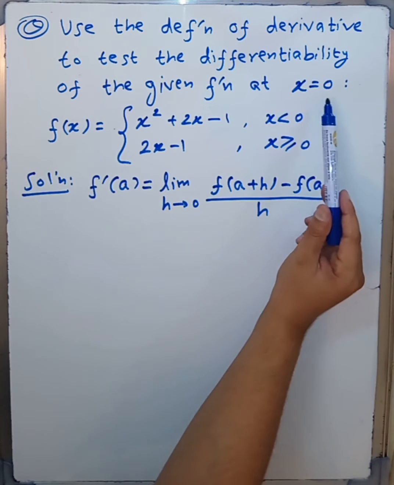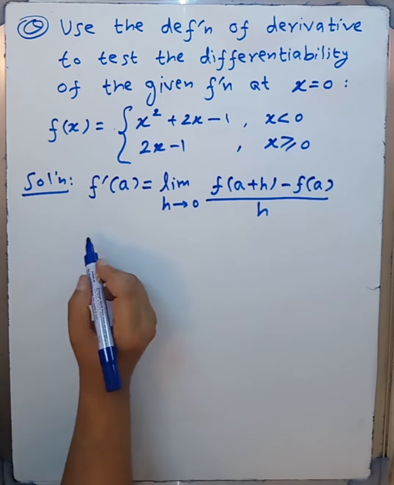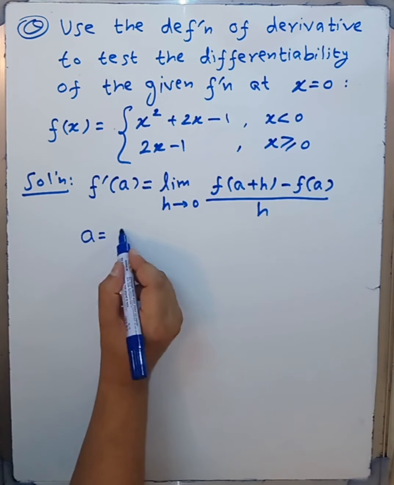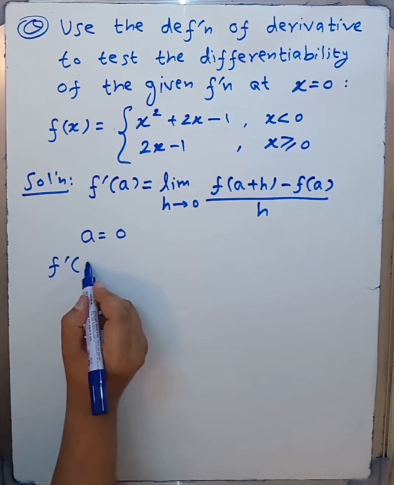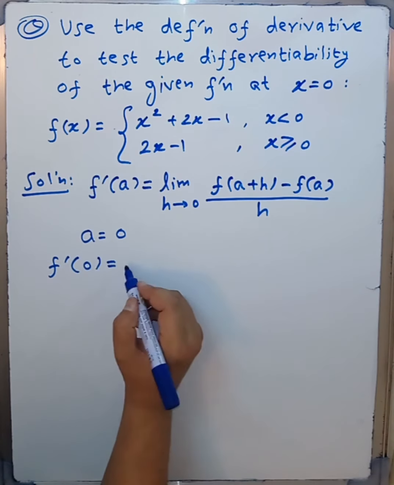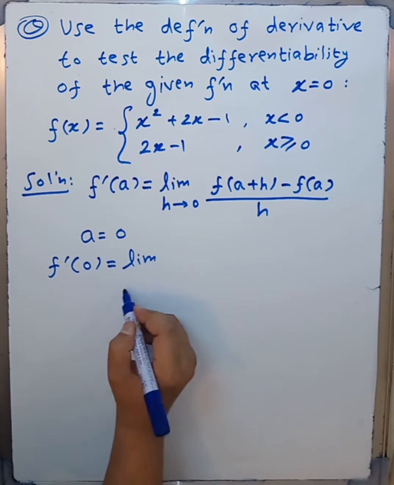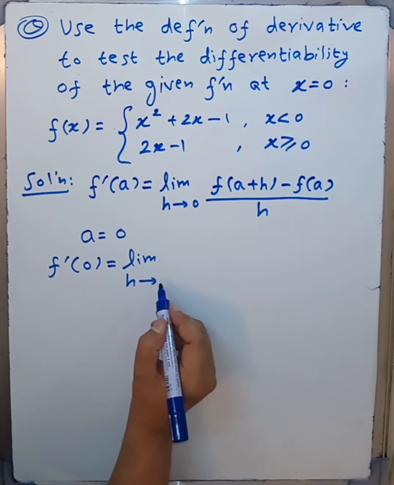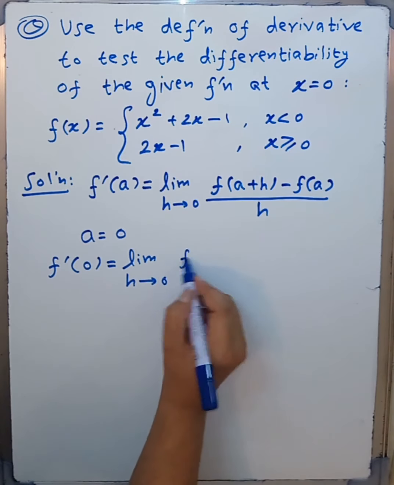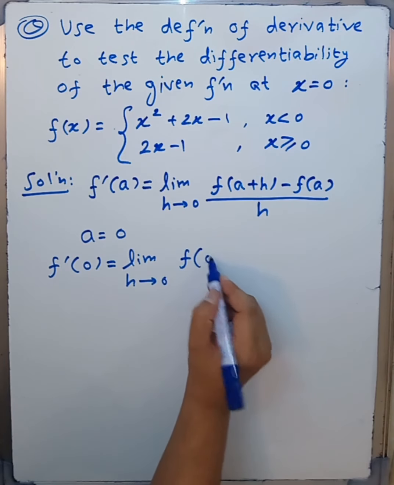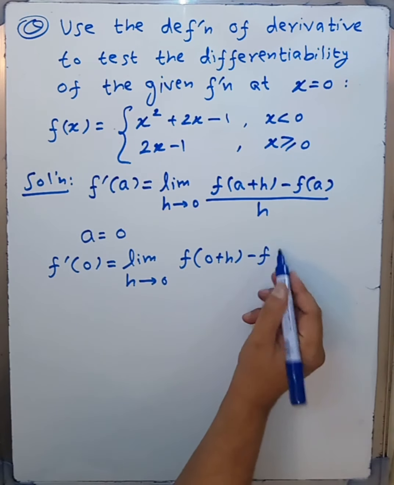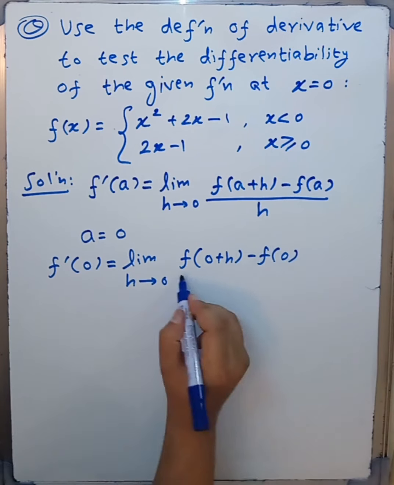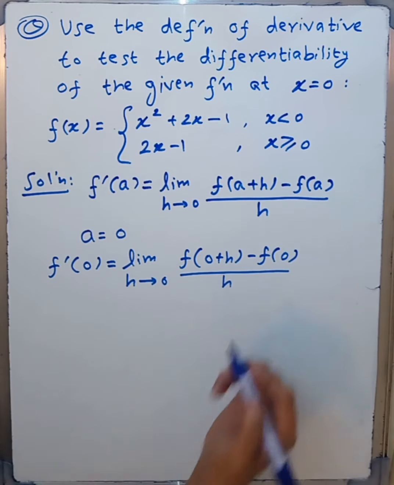So our a will be equal to 0. So if I put a equal to 0, I get f prime 0 equals limit h tending to 0, f(0 plus h) minus f(0) divided by h.